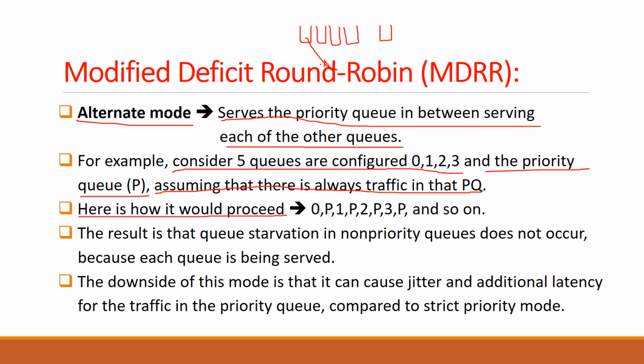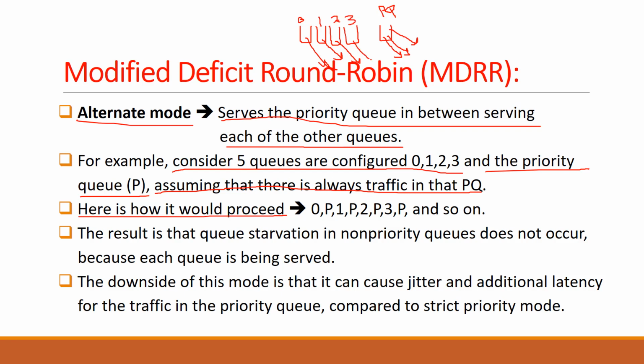Serve a packet from Q0 and then a packet from the priority queue. Then serve a packet from Q1 and then a packet from the priority queue. Then from queue number 2, then a packet from the priority queue. So this is the priority queue, and this is Q0, 1, 2, 3.